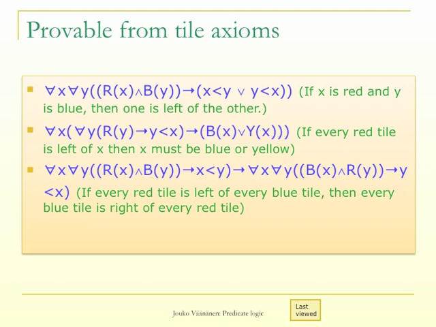In symbols, for all x, for all y, left parenthesis, rx and by, right parenthesis, implies x less than y, implies, for all x, for all y, left parenthesis, bx and ry, right parenthesis, implies y less than x. So this formula is an implication, and the hypothesis says that every red tile is left of every blue tile, and the conclusion says that every blue tile is right of every red tile. It's an easy derivation.